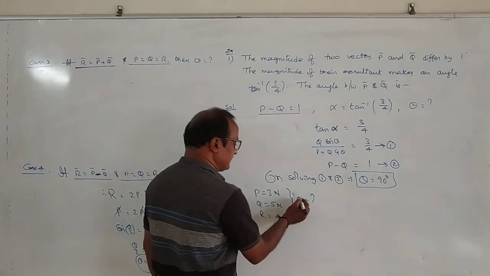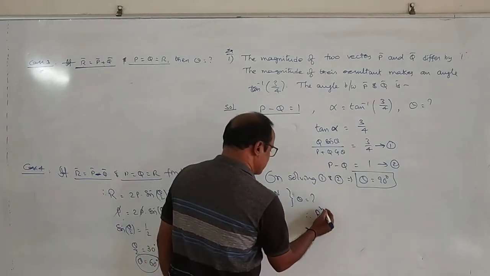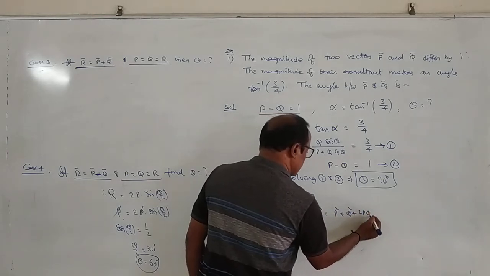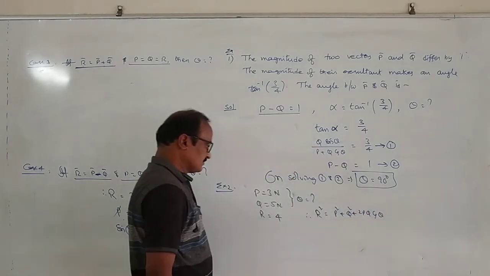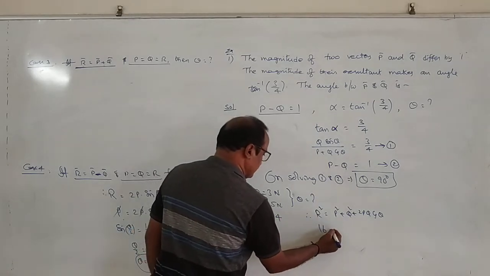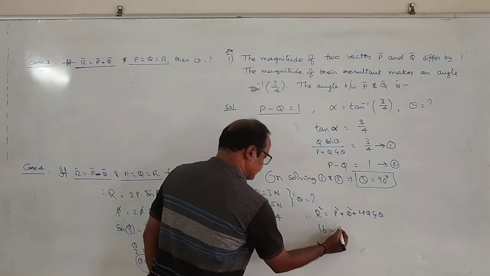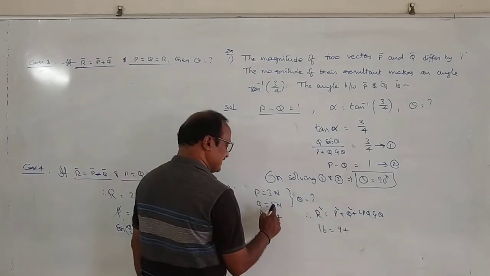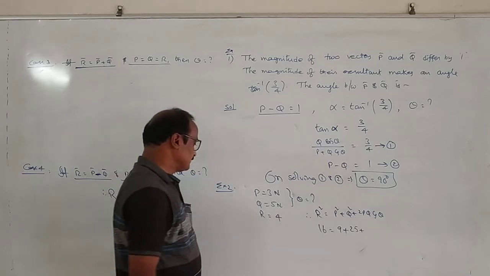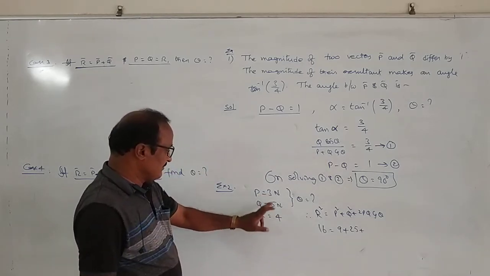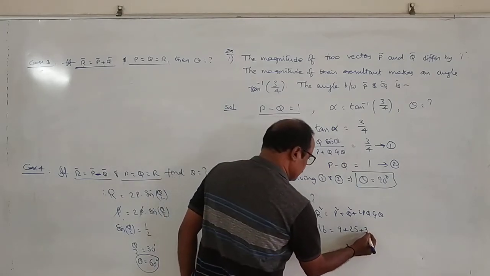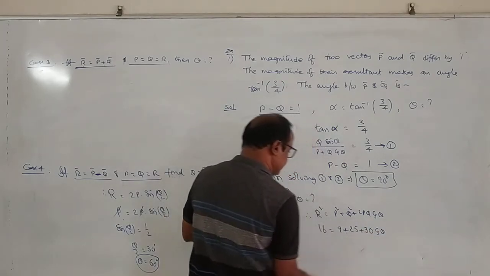What is the angle theta? You know, R square is equal to P square plus Q square plus 2PQ cos theta. Here R square is equal to 16, P square is 9, plus Q square is 25, plus 2PQ; P into Q is 15, and 15 into 2 is 30 cos theta.